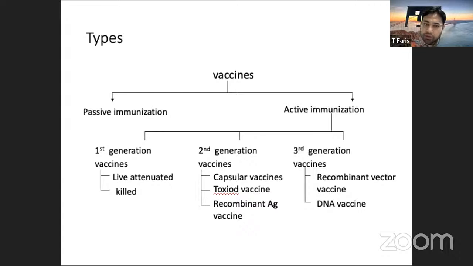That's the key point. The second generation vaccines have lots of different types. We have the capsular, which is more straightforward and easier to produce. Maybe they have taken not the whole virus, but a portion of the virus or a certain protein.